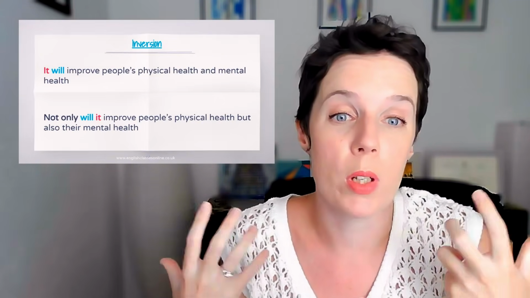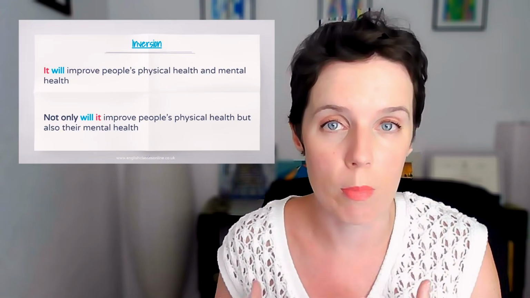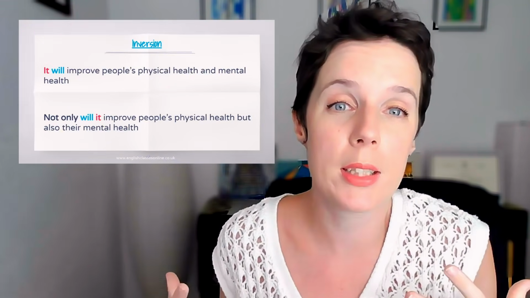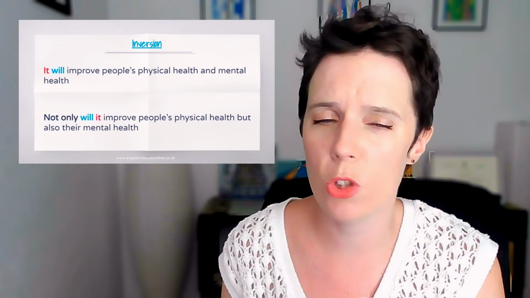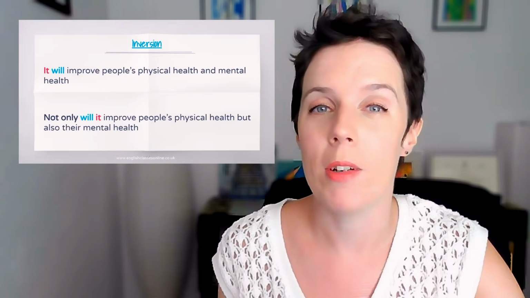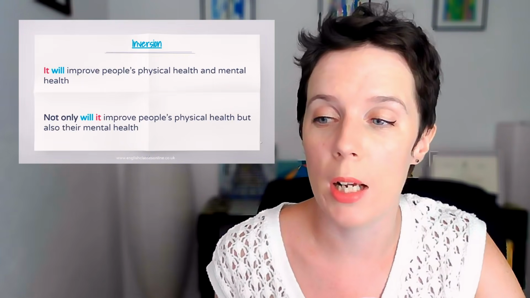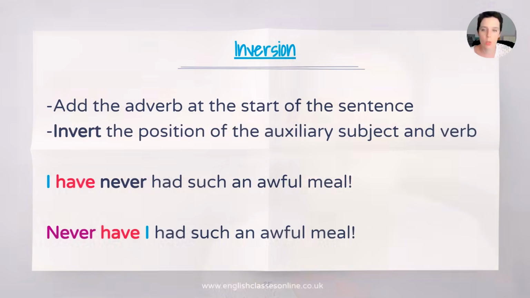But again, it just puts a bit more emphasis on your statement, makes it maybe a bit more surprising or a bit more important. So definitely try to use this if you can in your essay. You'll get very high points if you can use this for your language mark. I'll show you another way that you can do it as well. So like we said, add the adverb at the start of the sentence and then invert your auxiliary and your subject.